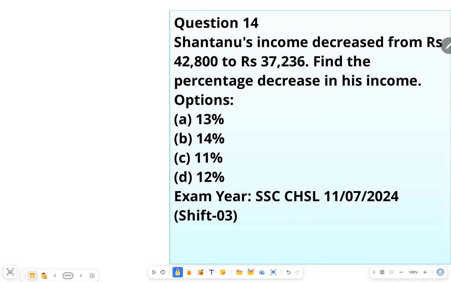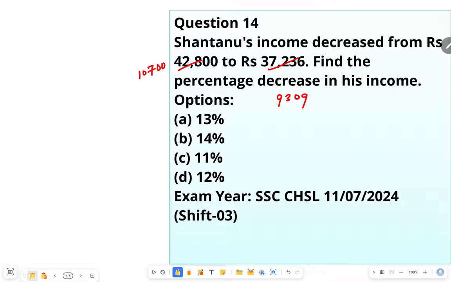If you divide these two numbers by 4, how much will it give? It will give you 10200, and then this number will give you 9300. You got it?